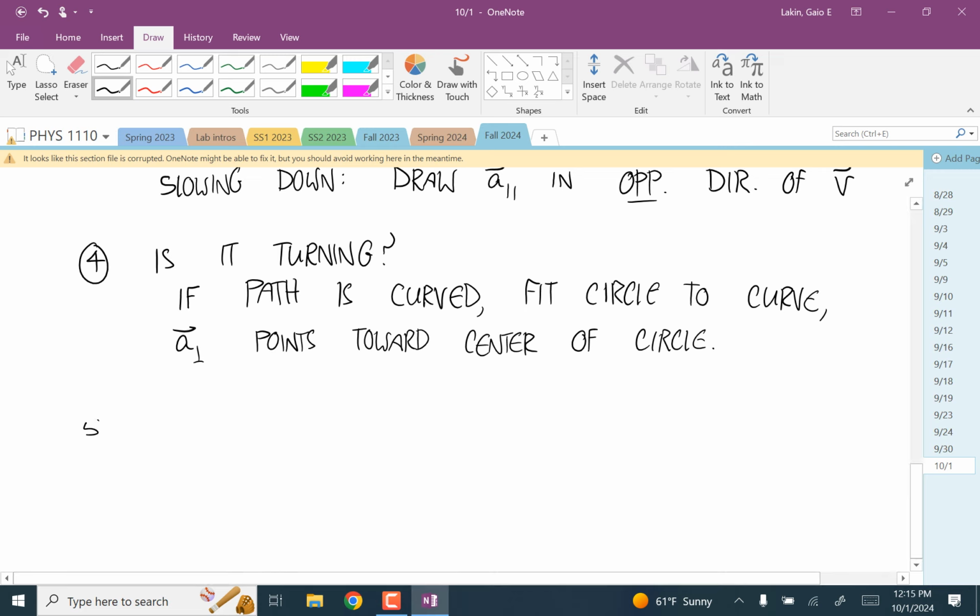And then the last step is the total acceleration is the sum of these two parts.